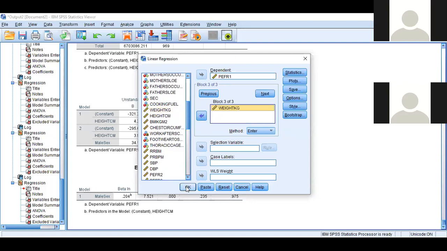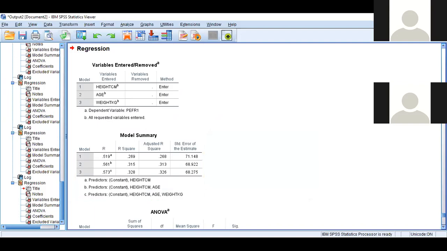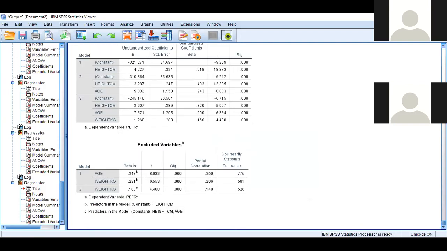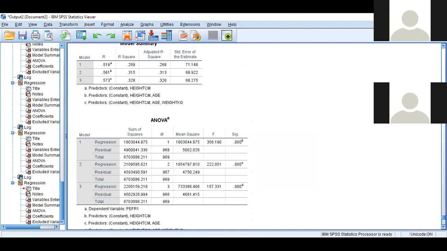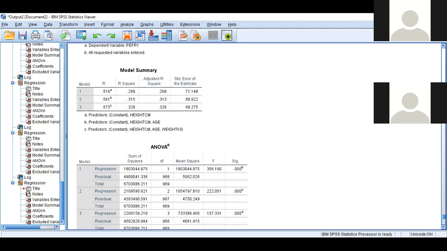It's not discriminating against itself. So let's look at it now. If we look at it now, from 31.5, which is where the age and height are, it has improved to 32.8.